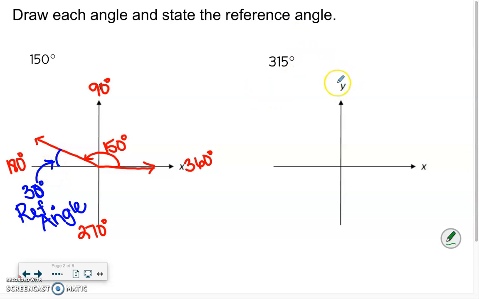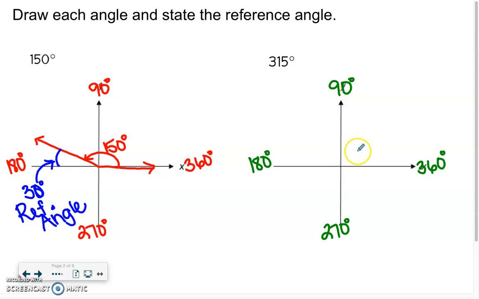Okay, 315 degrees is our next one. So I'm going to go ahead and mark these key points. And again, if you're still not real comfortable with graphing angles, you're going to want to go back to lesson 5.1 for graphing in degrees and lesson 5.2 for graphing in radians.